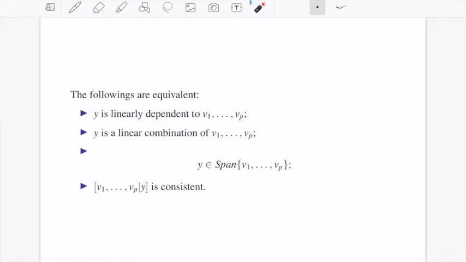Now, we have the following equivalent statements. A vector y is linearly dependent on v1, v2, ..., vp. This is equivalent to y being a linear combination of this set.